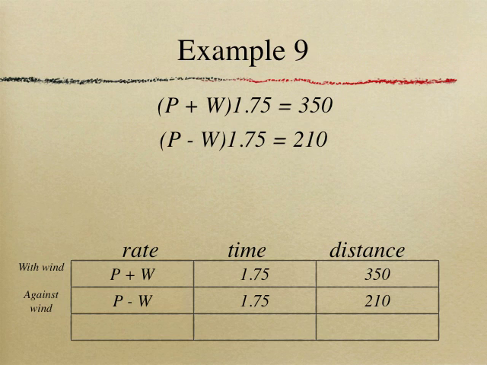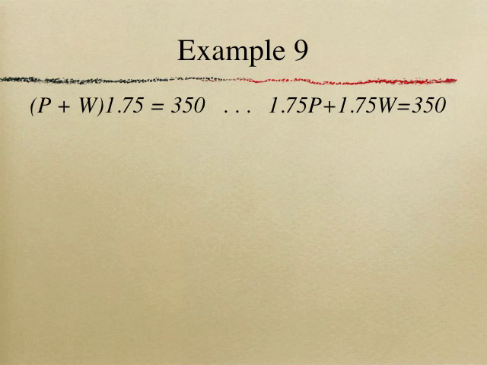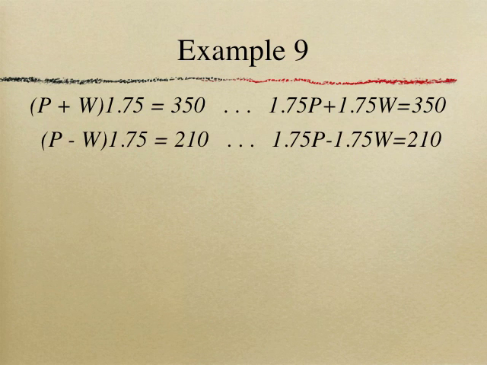And before I decide which method, I probably want to distribute that 1.75. So P plus W times 1.75 would become 1.75P plus 1.75W would equal 350. And the second equation would become 1.75P minus 1.75W equals 210.